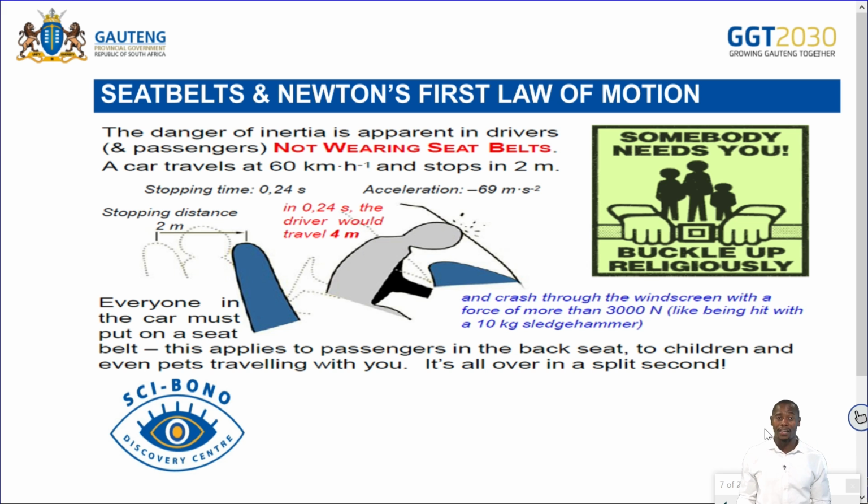You continue moving at that speed in that direction, and obviously, if you are not wearing a seat belt that is going to hold you back, then what is going to happen to you? You are likely to collide with the steering wheel, the dashboard, even the windscreen. So I hope by now we understand the importance of wearing seat belts.